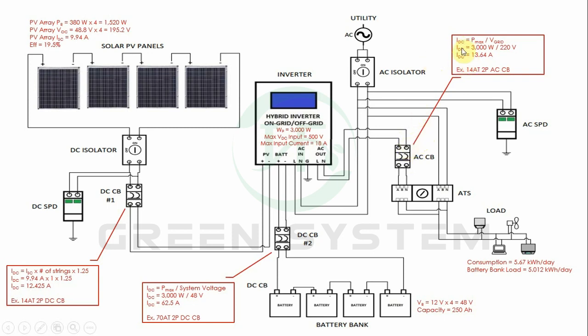Again, this is an error. This should be AC current. So that's 13.64 amperes. That's the amount of current flowing through here. So in this example, we will choose an AC circuit breaker with a rating of 14 amperes. So that's 14 ampere trip 2-pole AC circuit breaker.